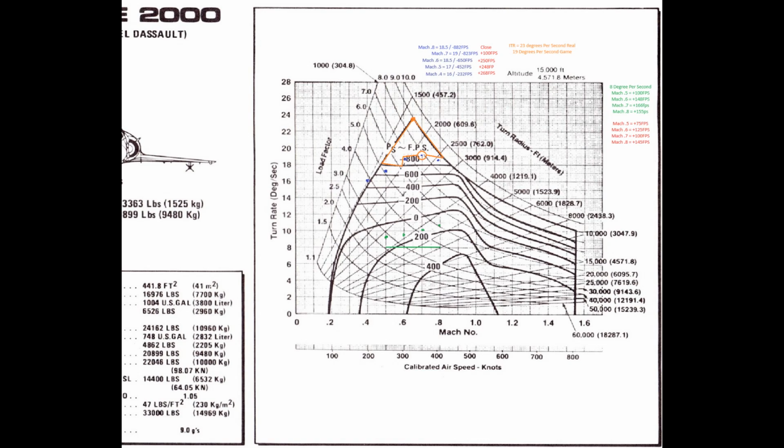Then we go up to Mach 0.6, and the in-game value is positive 148 feet per second. That was what I was getting. On the graph, we're solidly below that 200 line, which means we should be anywhere between 200 and 400 positive value. I called it like 225, 2 something.